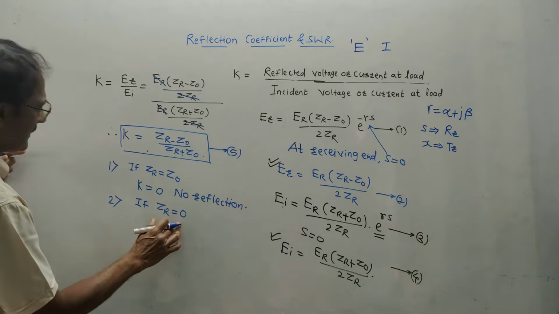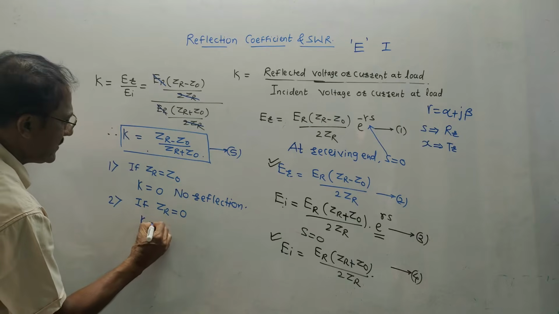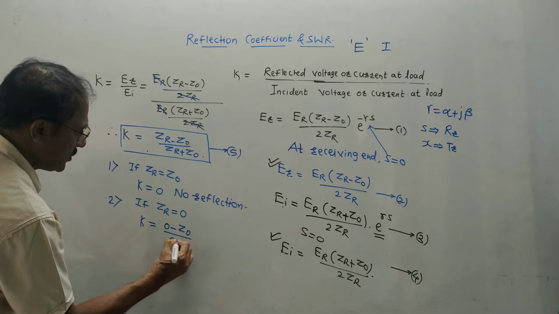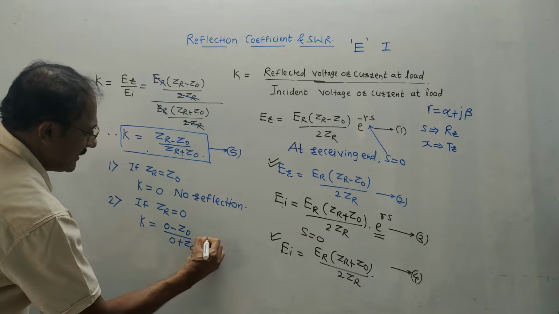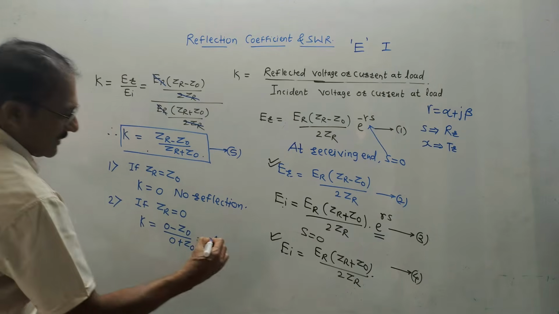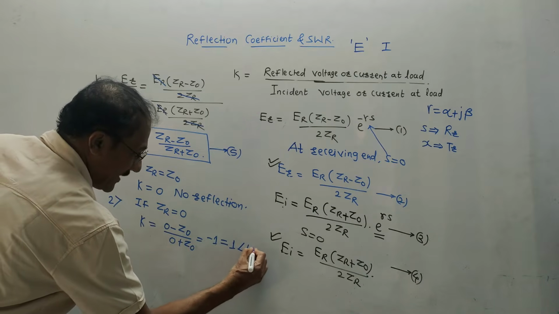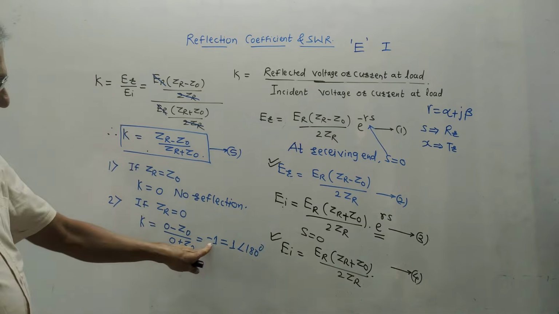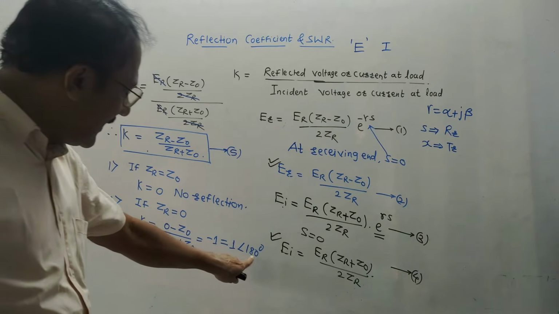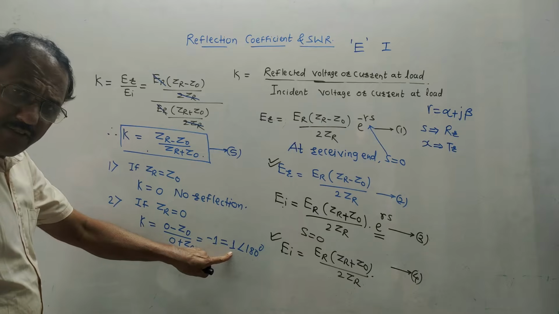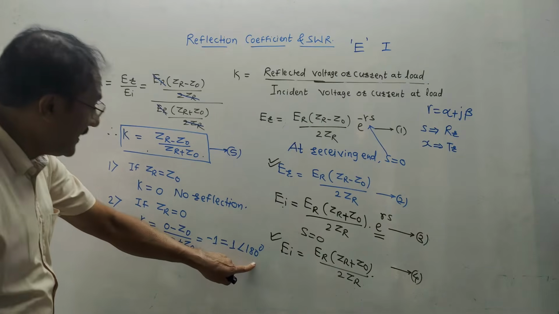In such a case, you will get K is equals to (0 minus Z0) upon (0 plus Z0). This answer will be minus 1, which can be written as 1 at an angle 180 degree. Do remember, minus 1 indicates 1 at an angle 180 degree. So the reflection coefficient will have value 1 and phase shift 180 degree.